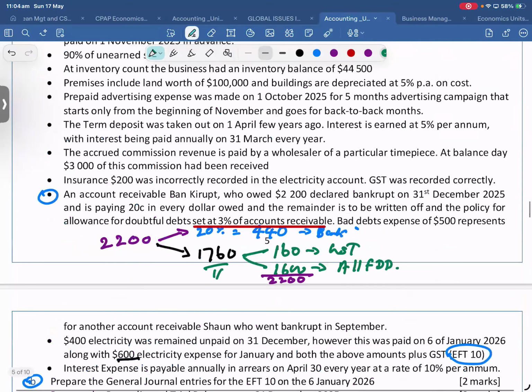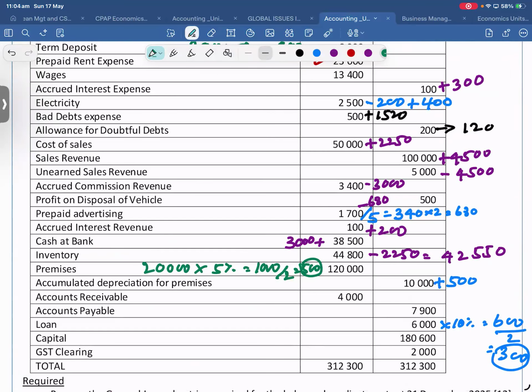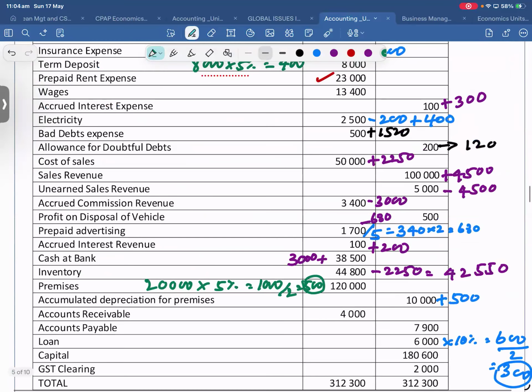Okay. Next one. Sales revenue. 104,500. And then sales 500. Yes.